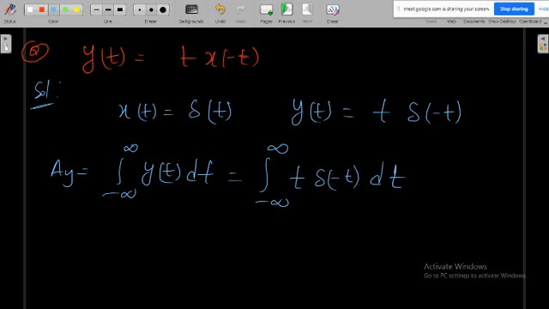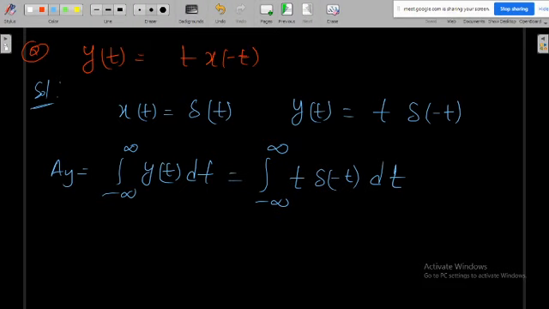What could be the answer? The delta function is valid only when t is equal to 0.